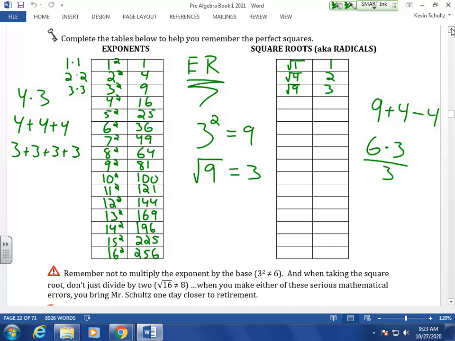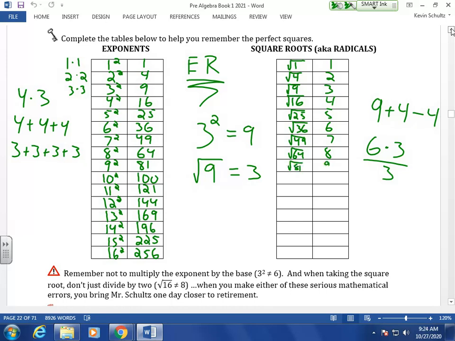So the root of 16, what number times itself is 16? 4. The root of 25 is 5. The root of 36, 6. The root of 49, 7. The root of 64, 8. And you can definitely see the relationship here as we go through our powers table, right? 8 squared is 64. The root of 64 is 8. 9 squared is 81.